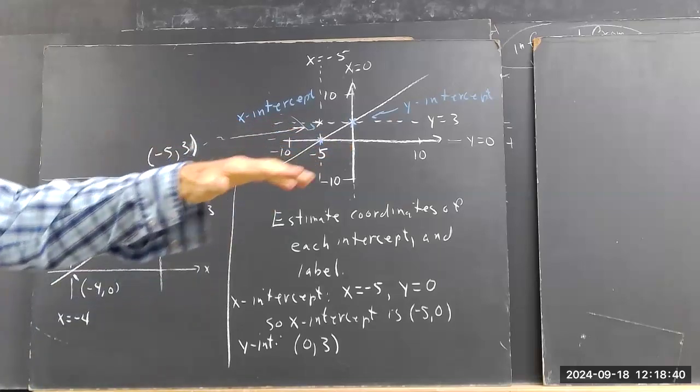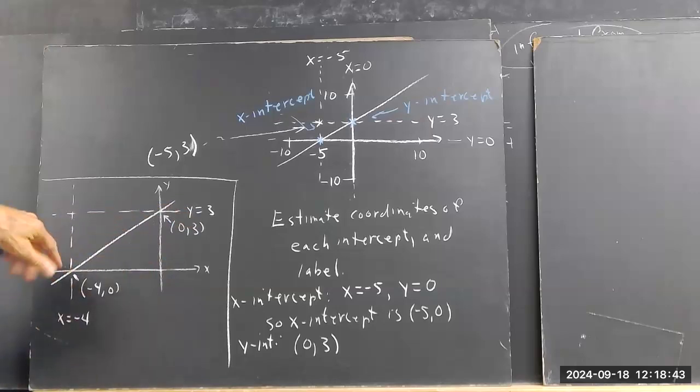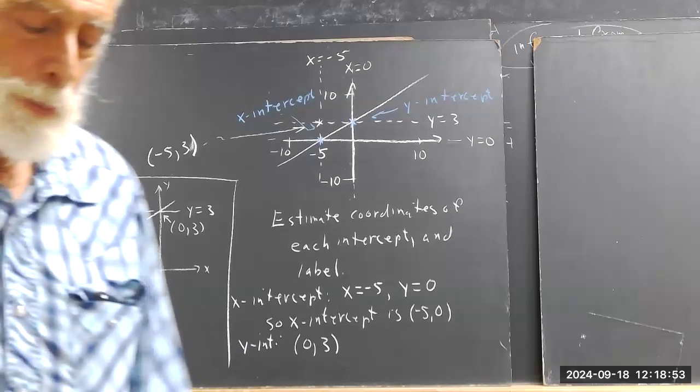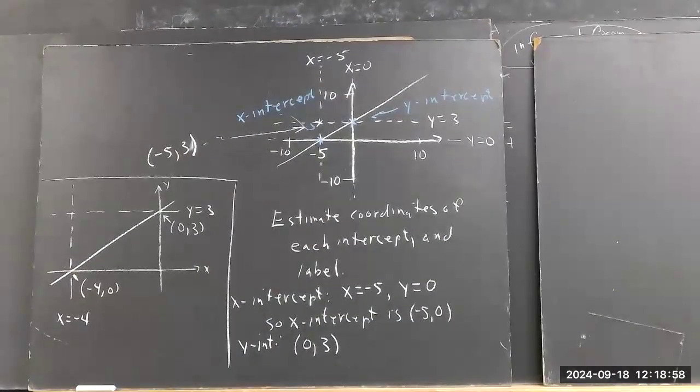Does that make sense? So just sketch it. Make a picture of this and show me your path. Use an arrow to show me the direction you're moving along the path.